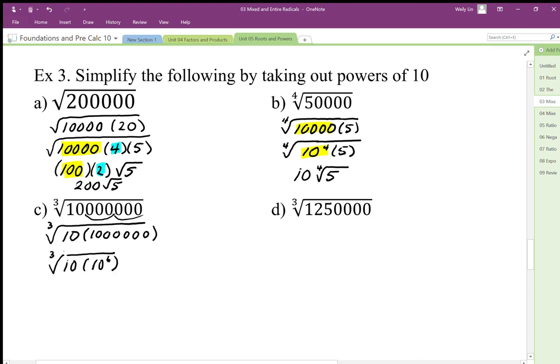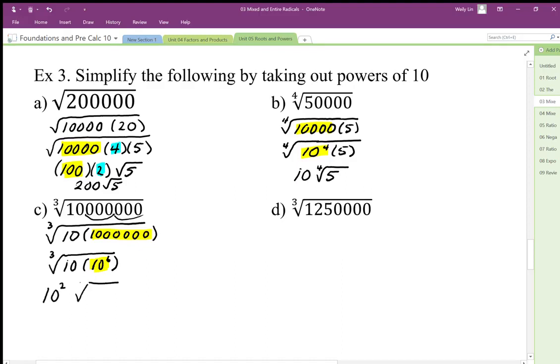So I end up with, there's our 10 million perfect cube factor. And so on the outside, well, the cube root of 10 to the power 3 is 10, and then another 10 to the power 3 is another 10. So on the outside, it comes out as 10 squared.